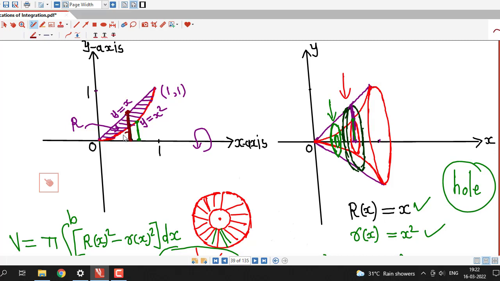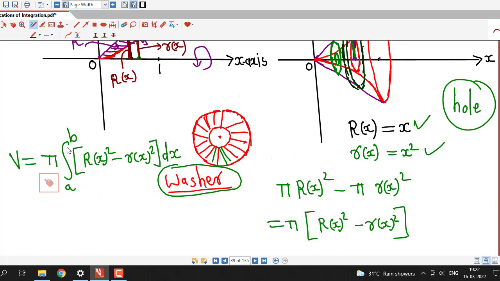So this distance is the outer radius, that is capital R, and the inner radius is the distance between the axis of rotation and the curve at the bottom. So that will give you the inner radius, and you can remember this formula. The volume of the solid generated by this type of washers is given by pi times the integral from a to b of outer radius square minus inner radius square.